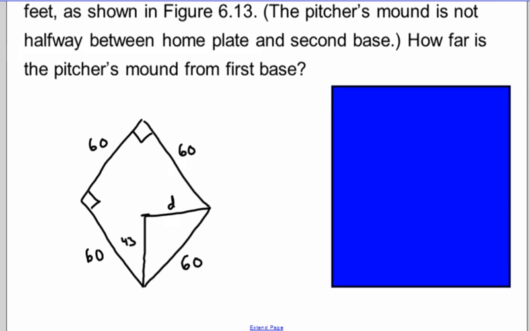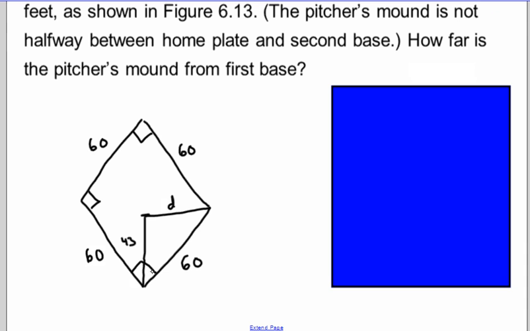So let's think about these angles. How could we go about finding them? Well, if these are right angles, these are 90 degrees. The pitcher's mound is straight up here, so this bisects this right angle right here.